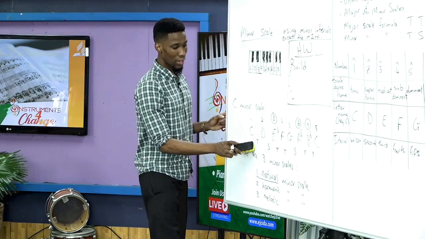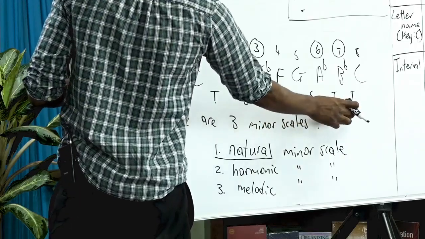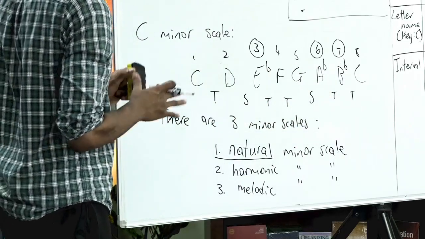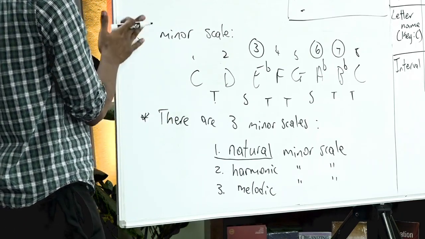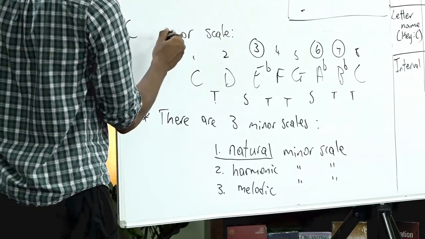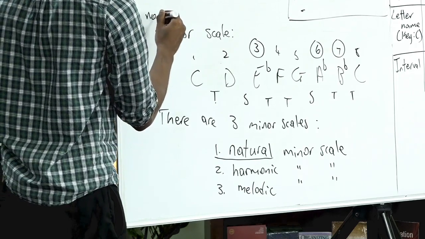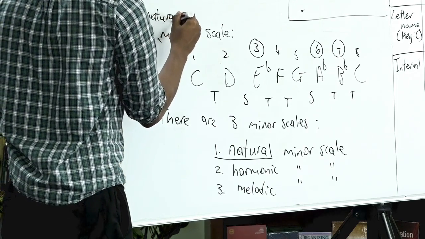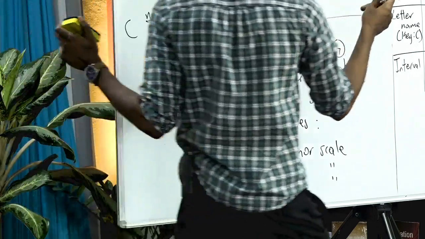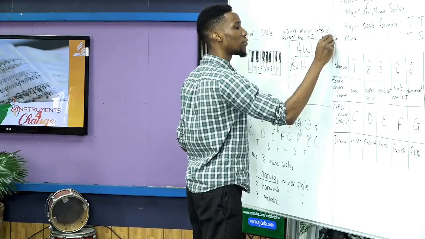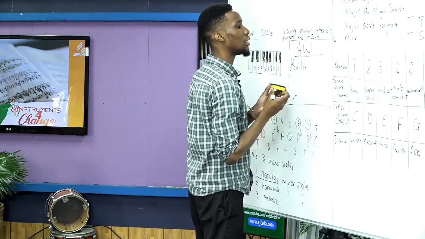So this right here is the formula for the natural minor scale. So let us just insert that. C, natural minor scale. That is the adjective here. So let's even put it right here. Natural, and we're just gonna put NAT. Good?